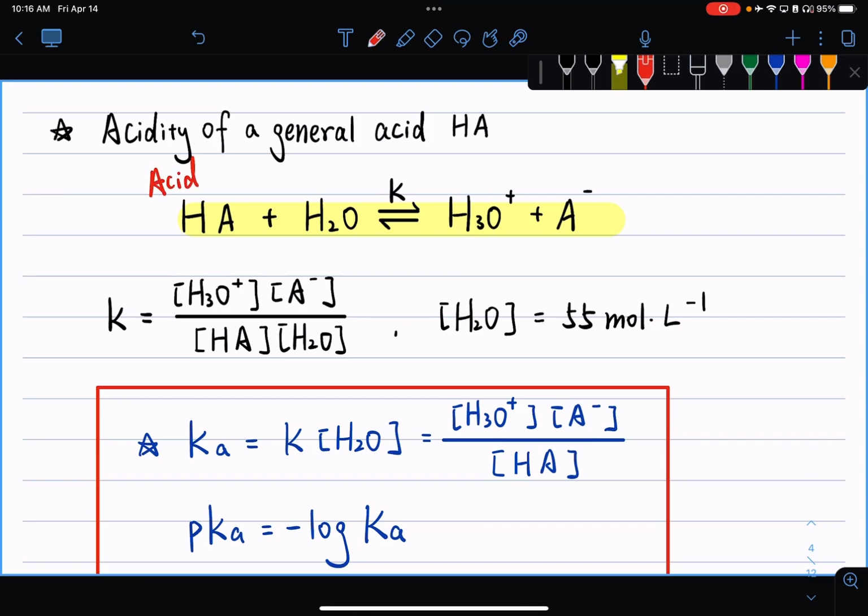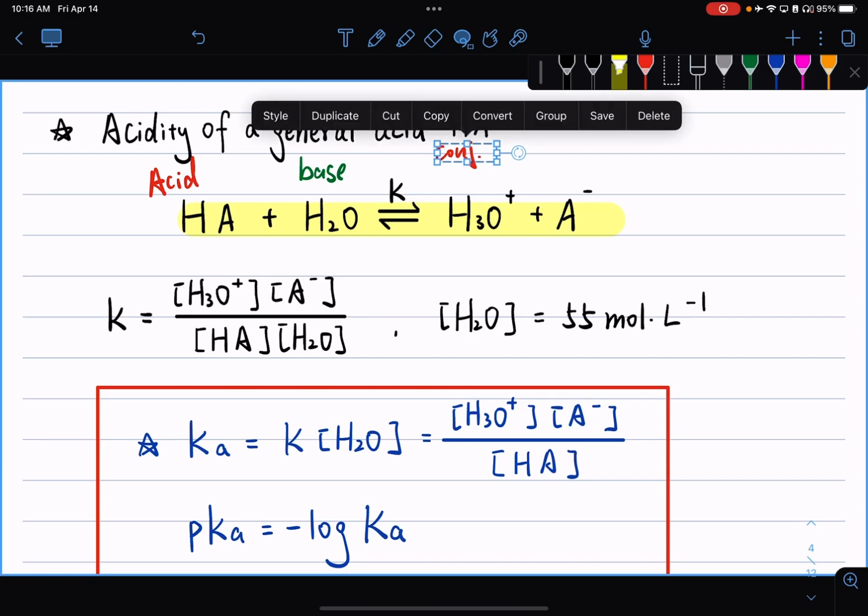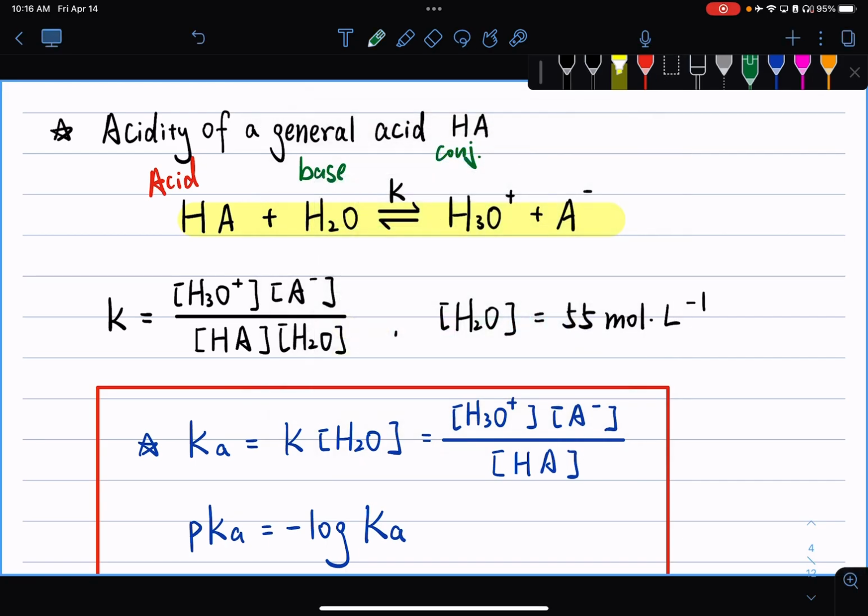It reacts with water, so water here is acting as our base. And what we're forming is the conjugate acid of H2O, and the conjugate base of HA.